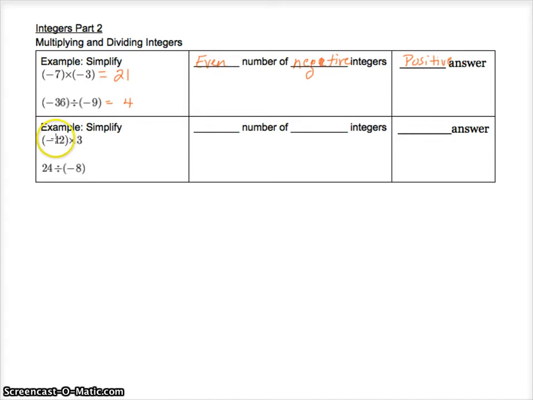Similarly, if I have 1 or more, so 1, 3, 5, or 7, those are odd. So if I have an odd number of negative integers, I'm going to have a negative answer.